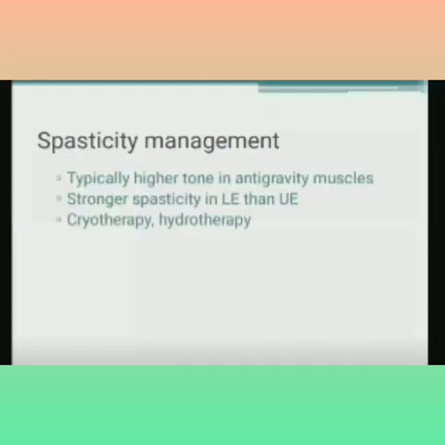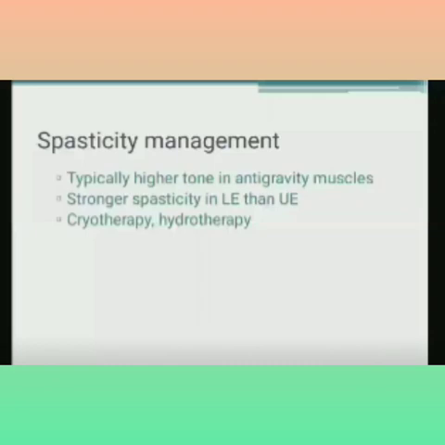Capacity management. Basically the upper limb and lower limb anti-gravity muscles get strong spasticity. Anti-gravity muscles, like the quadriceps or the gastrocnemius in the lower limb, are the muscles which get very strong spasticity.